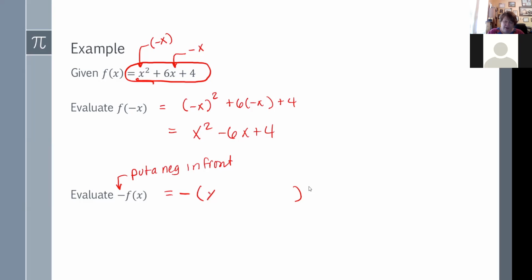So we take everything that's in the function and change its sign. So we distribute the negative across. We can do pretty much whatever we want, as long as it's in the domain and as long as we're just changing the sign of the function.